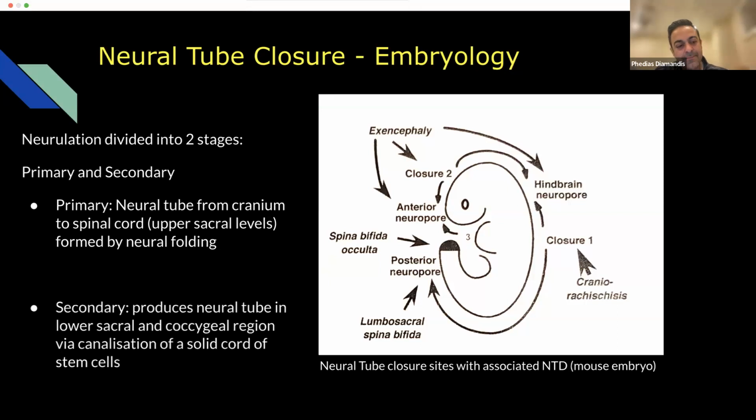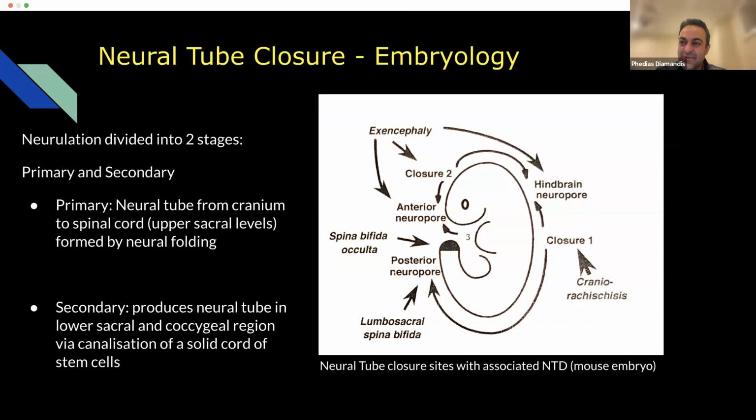And then secondary neurulation is this colored in area here. It happens at the very caudal end of the embryo, and forms a neural tube through a completely different process, through condensation of mesenchymal stem cells and canalization to form this neural tube structure.